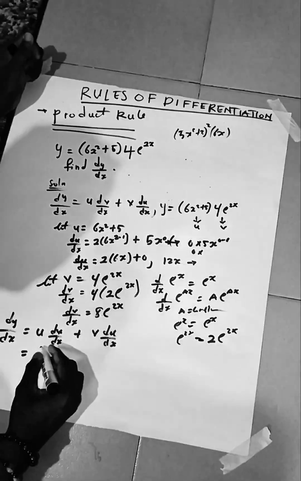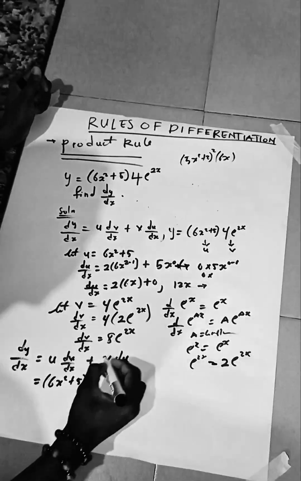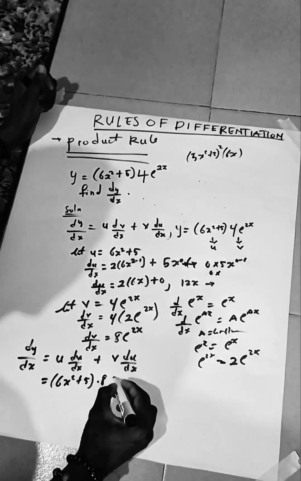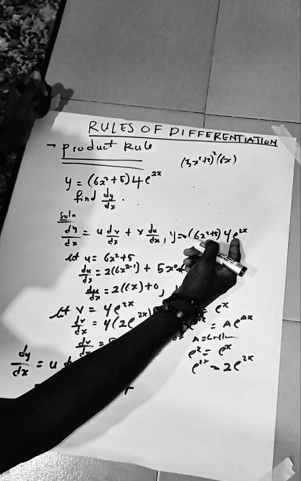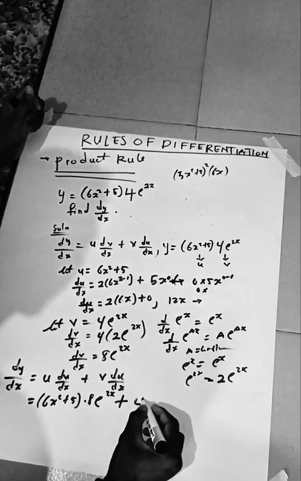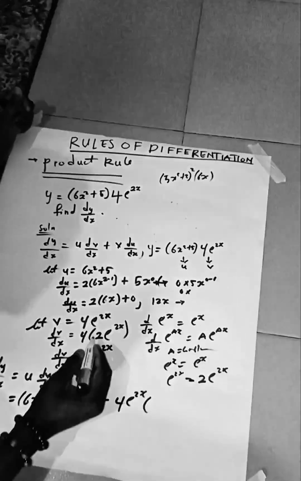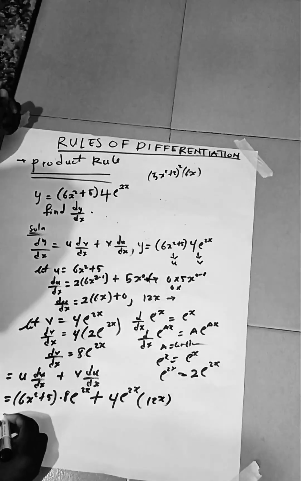So this is just going to be 6x squared plus 5, multiplied by dv by dx, which is 8e to the 2x. We already established this. Then plus v. We set v to be 4e to the 2x. So 4e to the 2x multiplied by our du by dx, and that was what? 12x.